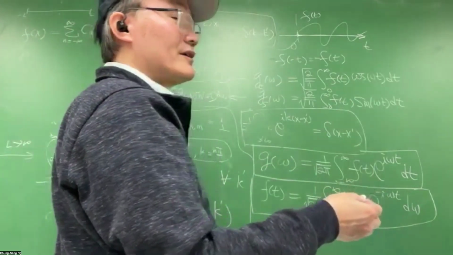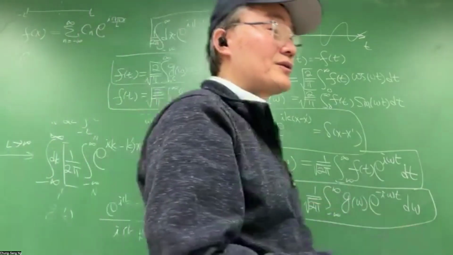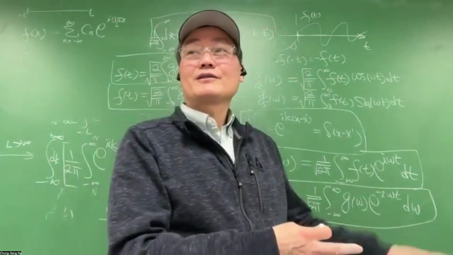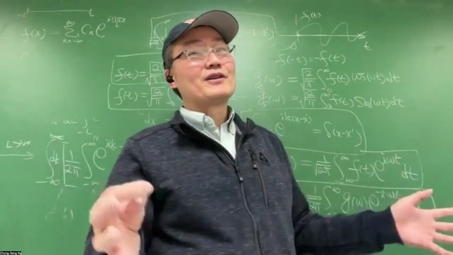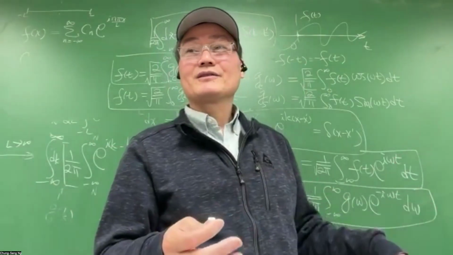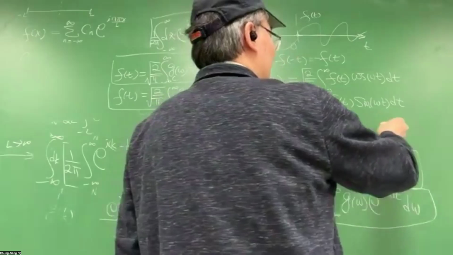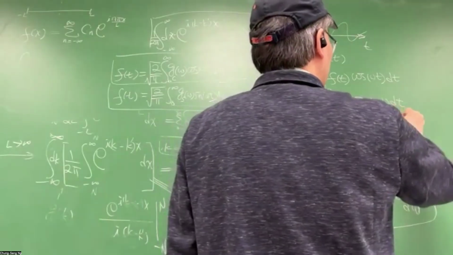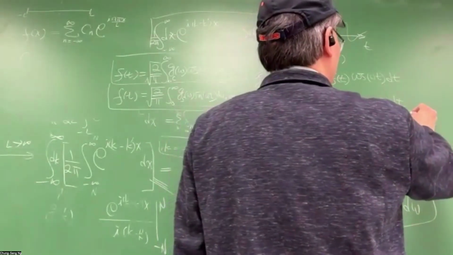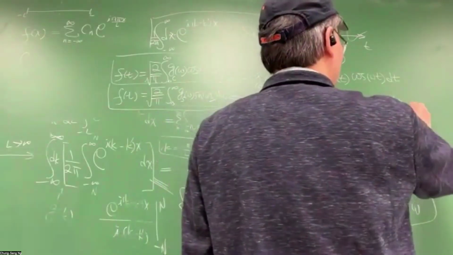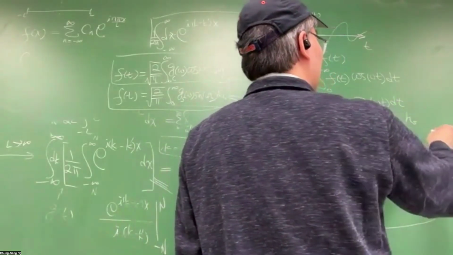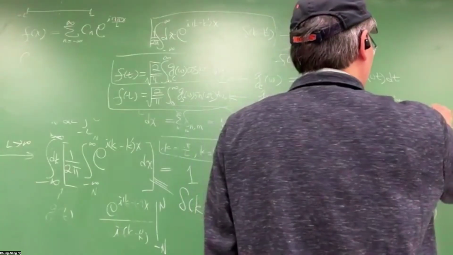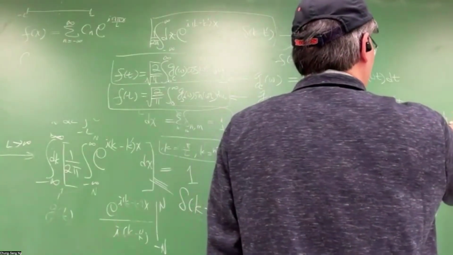we just realized that any function can be decomposed into a symmetric function and an anti-symmetric function, right? So f(t) equals the symmetric part plus the anti-symmetric part.